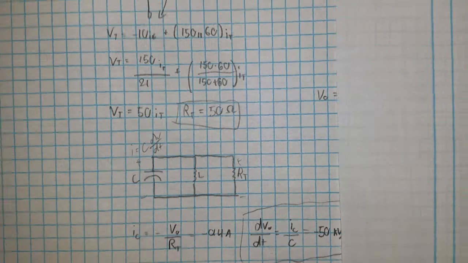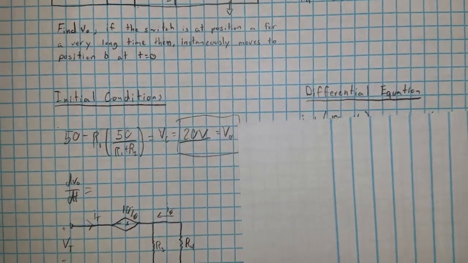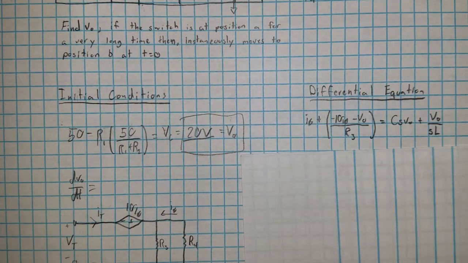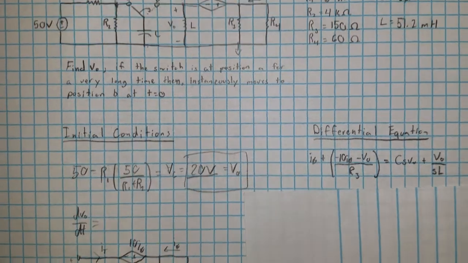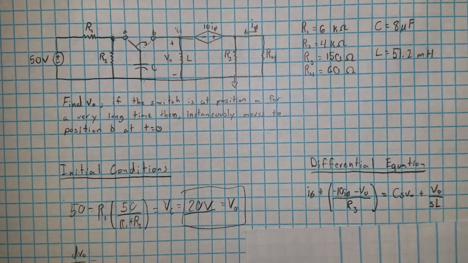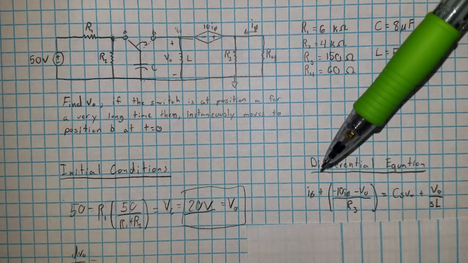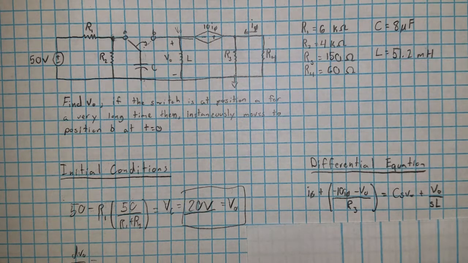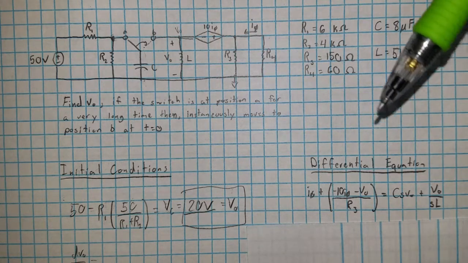So now onto the differential equation. Since we're trying to find voltage, I simply did a KCL. Whatever you're trying to find, it makes sense to do the opposite: finding current, you should do a KVL; finding voltage, KCL.